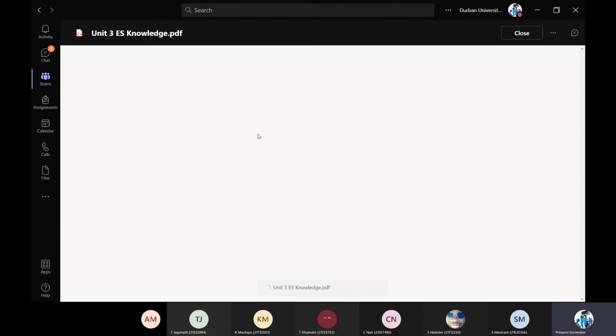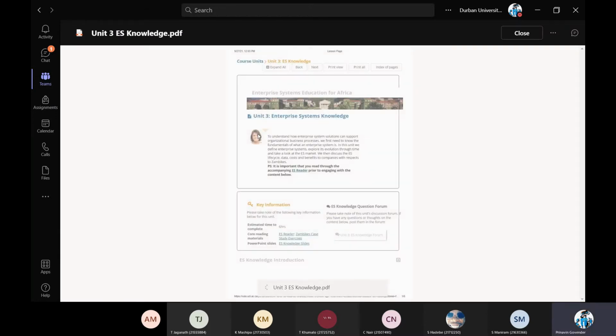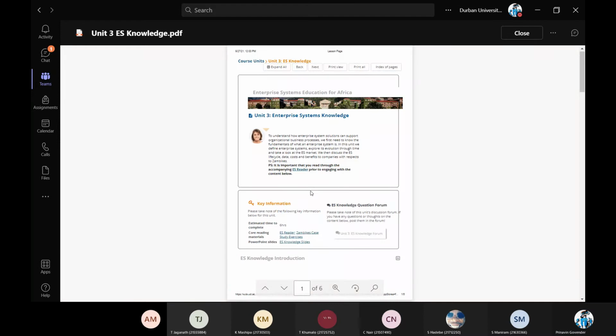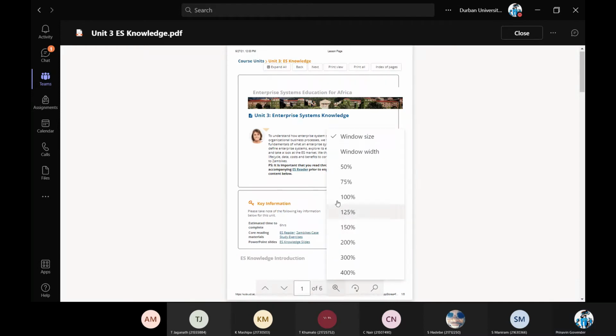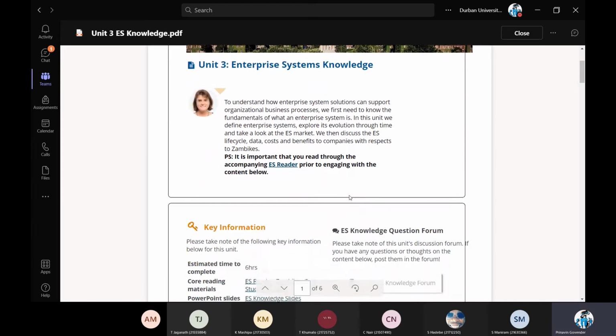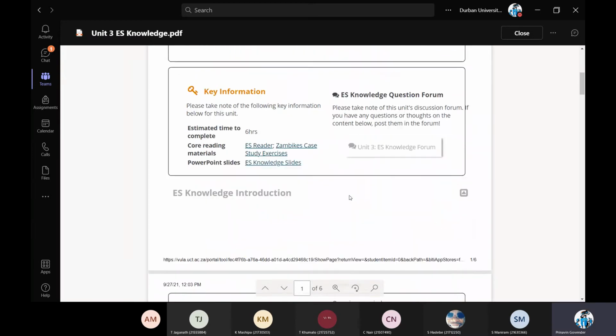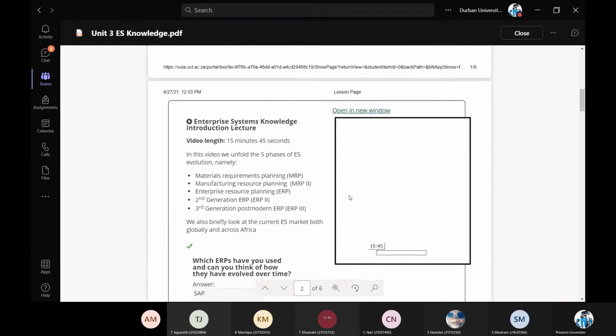Then you can also go through this PDF document. Inside this, it's only 6 pages. You will read that. It talks about materials requirements planning, MRP, manufacturing resource planning, enterprise resource planning.